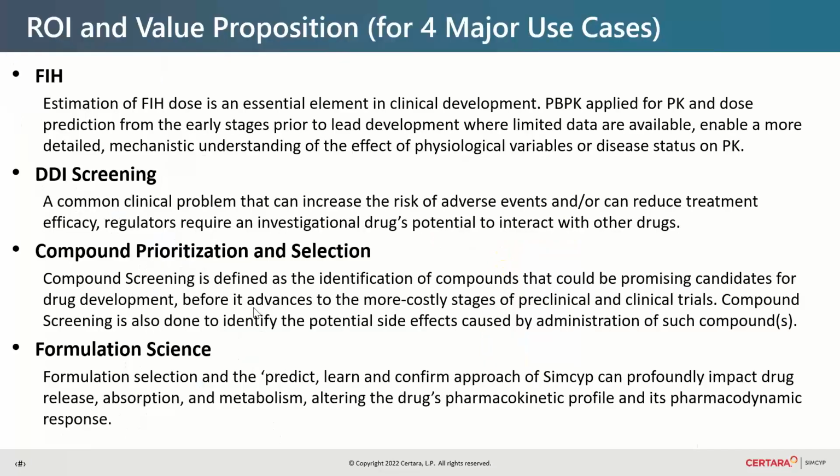And thank you, Hannah, for that demonstration, pre-recorded though it may be. Reiterating what Hannah said about the 4 major use cases, one of the major ones is estimation of first-in-human dose using PBPK approaches, incorporating potentially animal data and projections based on animal data.